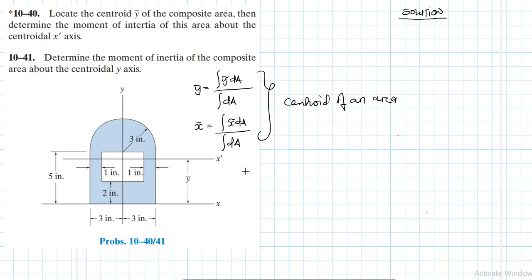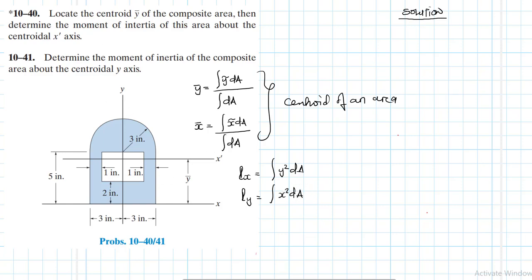And then for moment of inertia about the x-axis, we'll have I sub x equal to the integral of y squared dA, and moment of inertia about the y-axis is I sub y equals the integral of x squared dA.